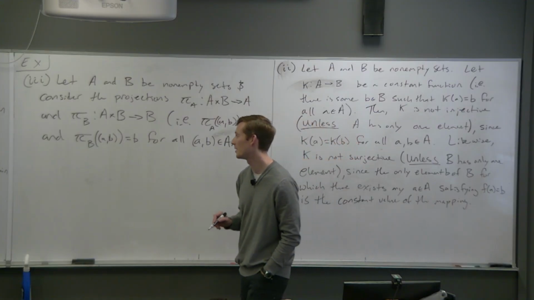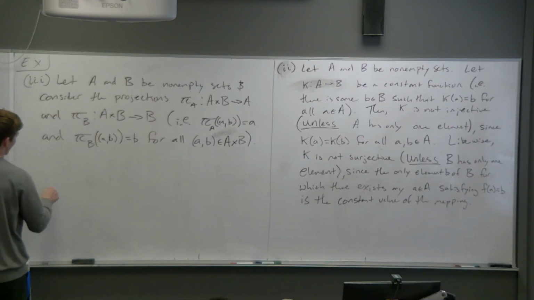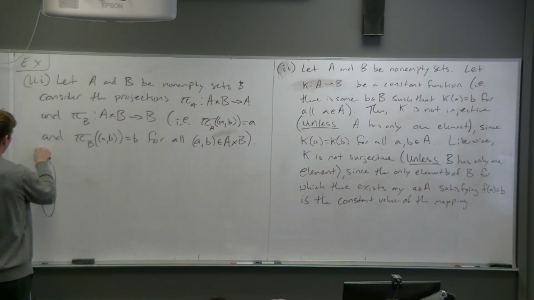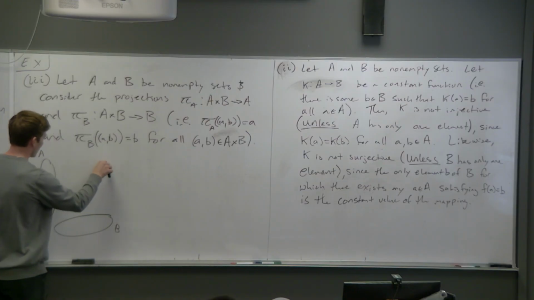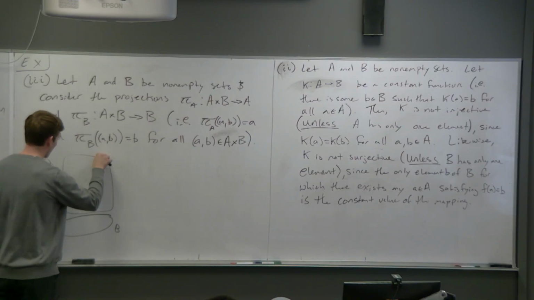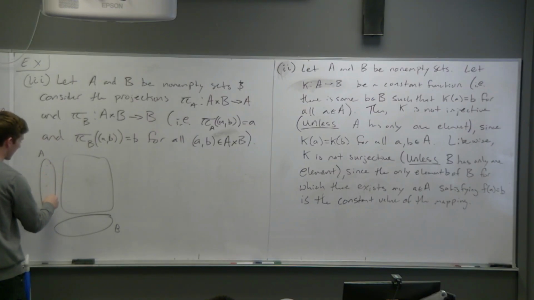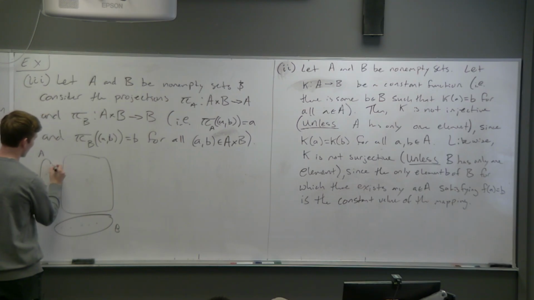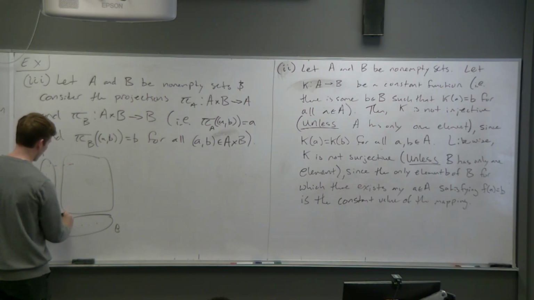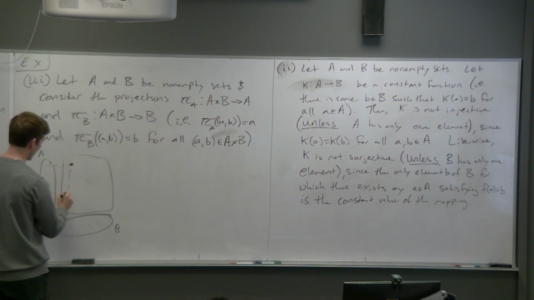Here's the picture. Remember, what does a product look like? You got a set A, you got a set B. And then if you want to build the product, here's what you do. For every A in A and every B in B, you trace on over and trace on up, and you get a new element.